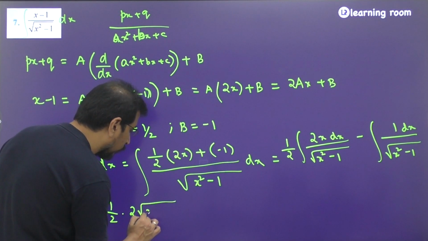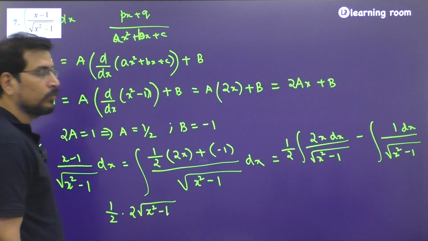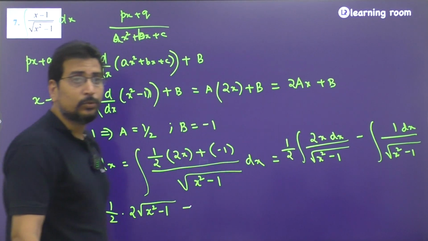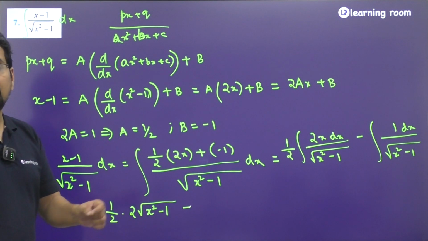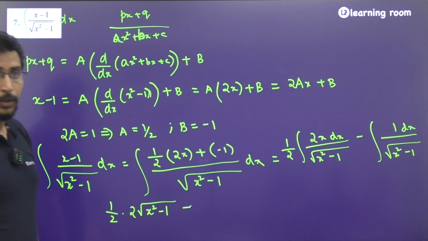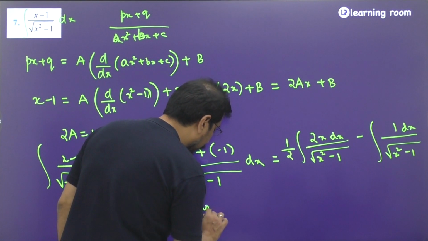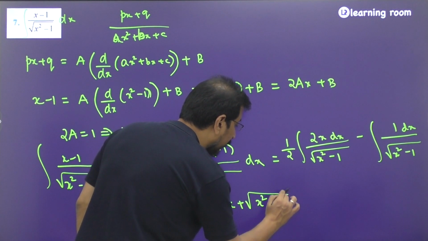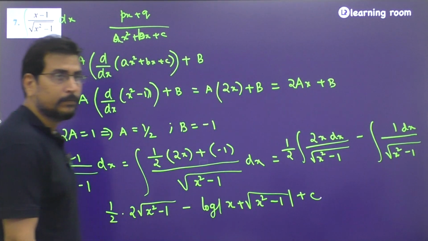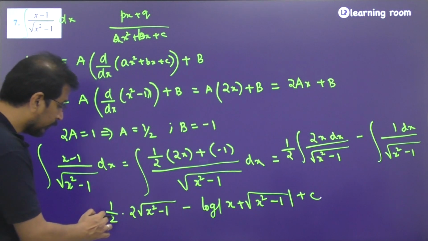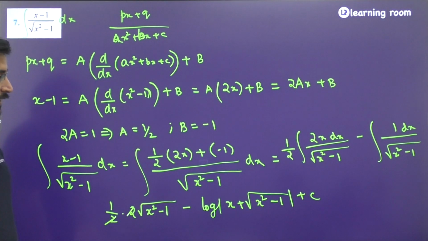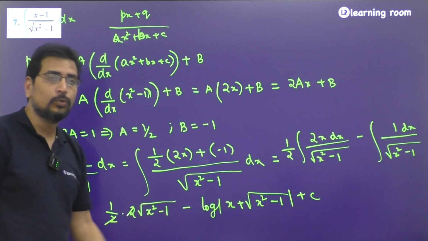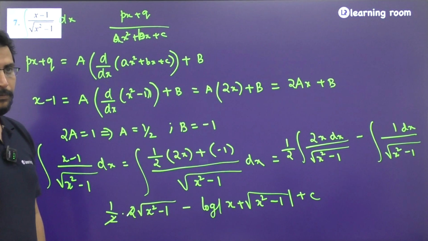So 2 times root of x square minus 1, minus the integral of dx by root of x square minus a square. 1 by root of x square minus a square is log of x plus root of x square minus a square plus c. Right. So this 2 and 2 will get cancelled. So hence the answer is going to be root of x square minus 1 minus log of x plus root of x square minus 1 plus c.